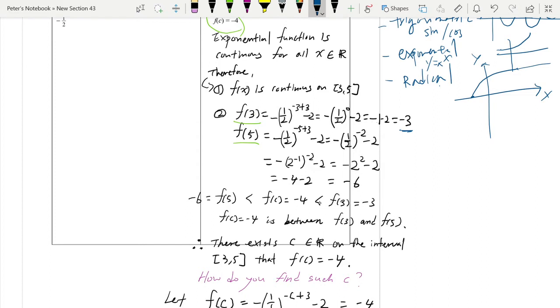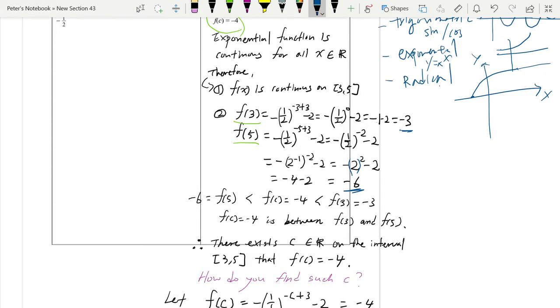Because it will make my life easier. 2 to the negative first, to the negative second power, using the exponent rule, you see that the power of a power is actually the multiplication of those two, right? So you get second power right there. So you get negative times 2 to the second power. If you want to be a little bit more technical, we can do that. Minus 2, that will give me negative 4 minus 2, which gives me negative 6 right there.